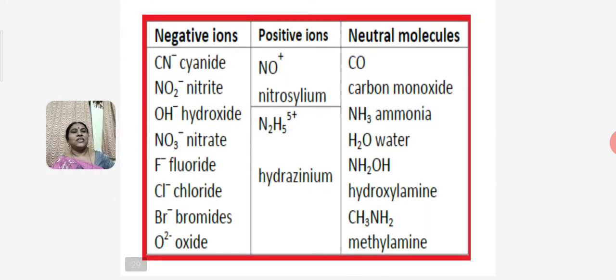Here you can see a list of various ligands that you see in coordination compounds. Negative ions include CN-, NO2-, OH-, NO3-, F-, Cl-, Br-, O2-.